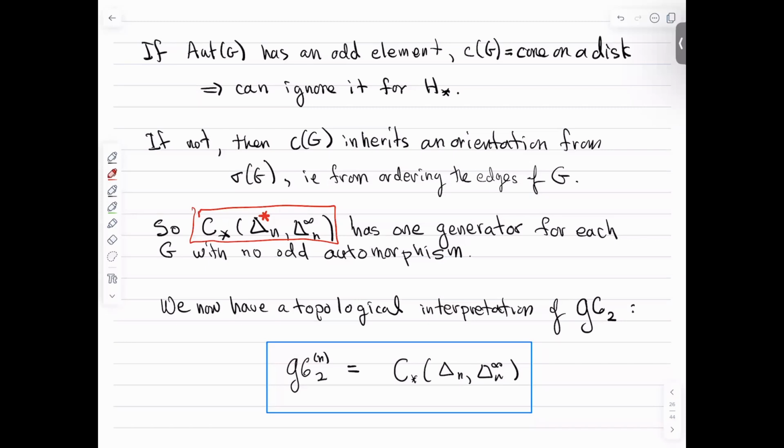It's just the chain complex of the relative space, the simplicial closure modulo delta n. So this makes the topologist happy. Instead of an abstract complex of vector spaces, we have something that actually is the relative chain complex for a topological space.